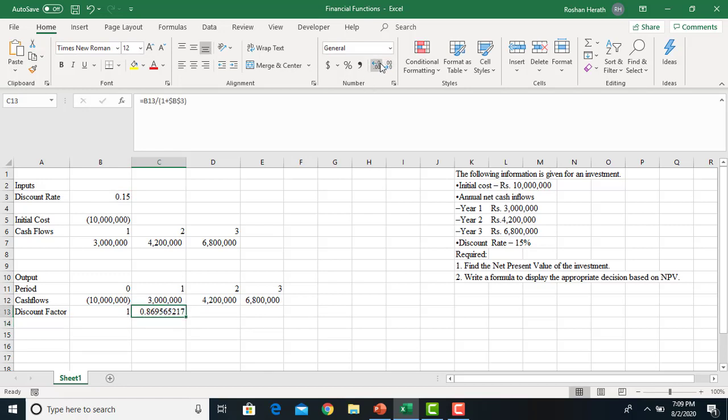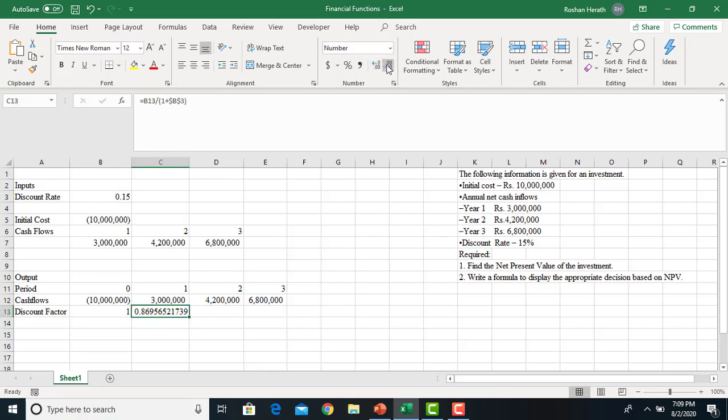You can reduce that to 3 decimal places or 4 decimal places. If you use the discounting factor table, you would see it to 4 decimal places, so let me keep it to 4 decimal places. Then you can simply drag this.